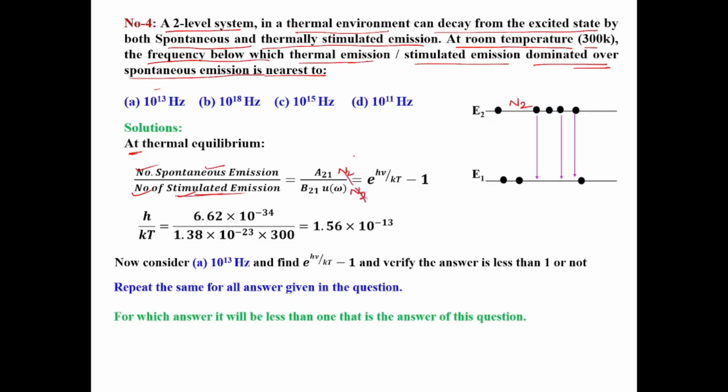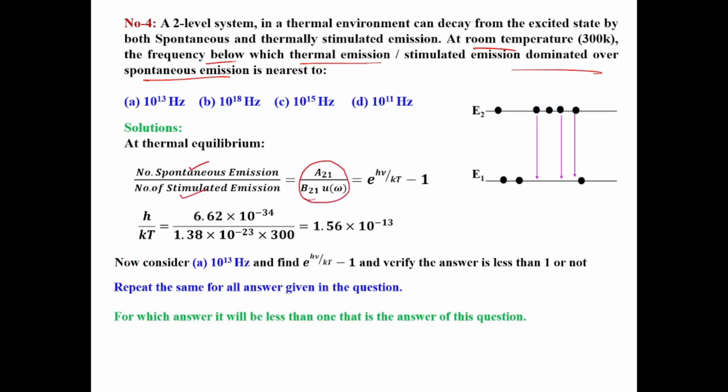So N2 and N2 get cancelled. Below this frequency thermal emission will dominate over the spontaneous. So the ratio between the rate of spontaneous emission and stimulated emission will be this much, equal to e to the power h mu by kT minus 1.